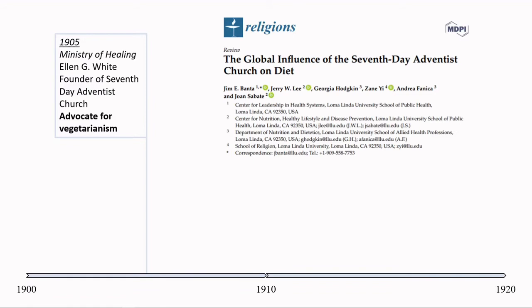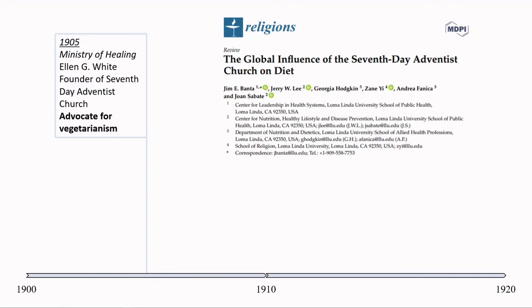There's an excellent review article in the peer-reviewed journal Religions, which was published in 2018. This article was written by researchers from Loma Linda University in California, which is a Seventh-day Adventist Church-based university. This article reviews the major and lasting impact that the Seventh-day Adventist Church has had on dietary guidelines in the United States.